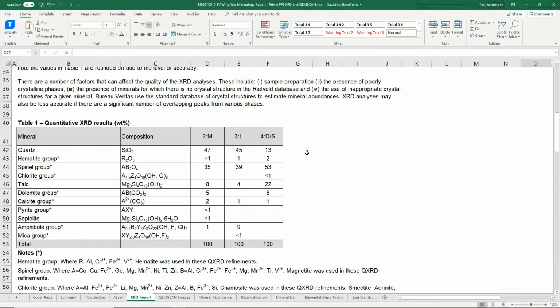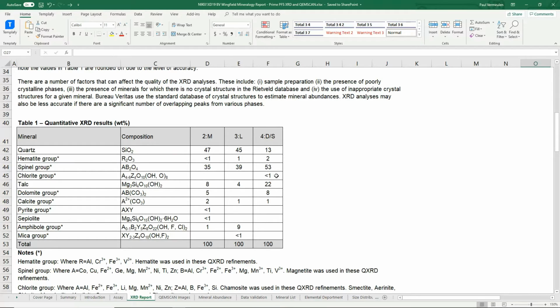Starting with the XRD, it says that in all the samples analyzed, remember we're just looking at the H, which is actually not even on here, but there was a lot of quartz. There was a lot of spinel group, which is AB2O4, and A could be the same as B, so Fe.Fe2O4 or Fe3O4 in our case.